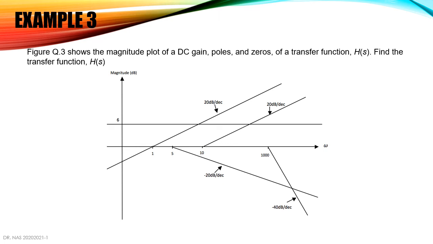As usual, to start with, we consider the constant, which we call H1(s). H1(s) equals 6 dB equals 20 log of K, the constant. Therefore, the constant equals 2.